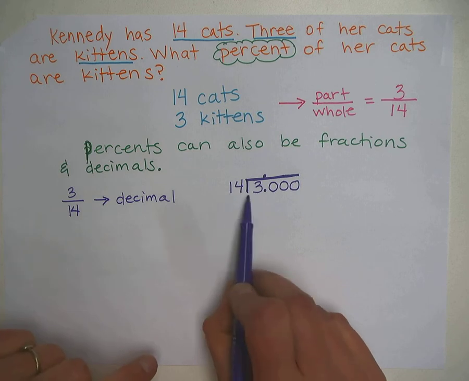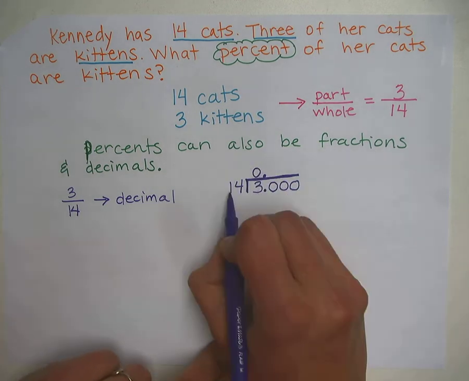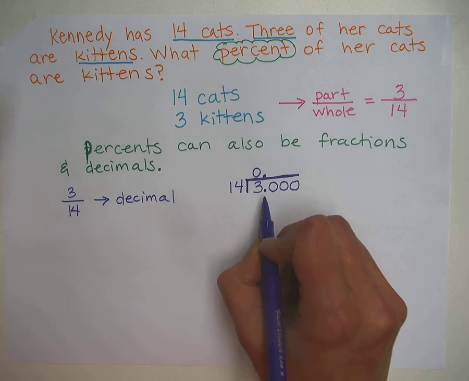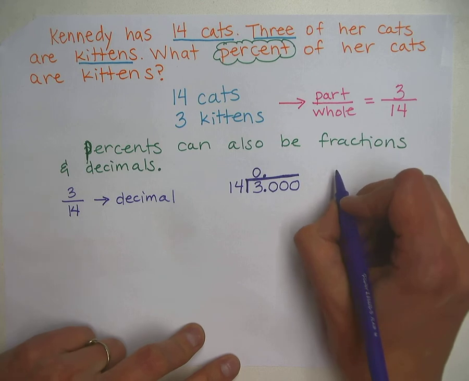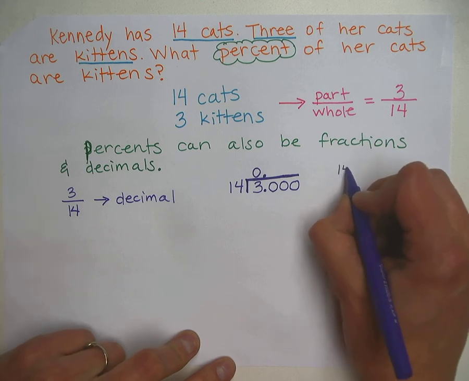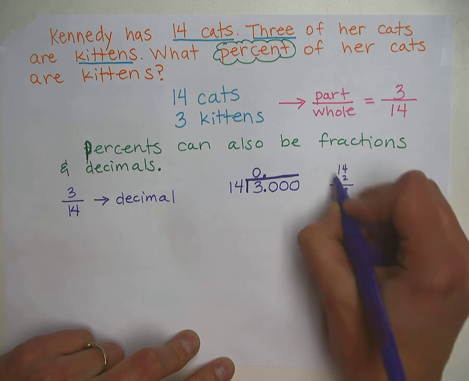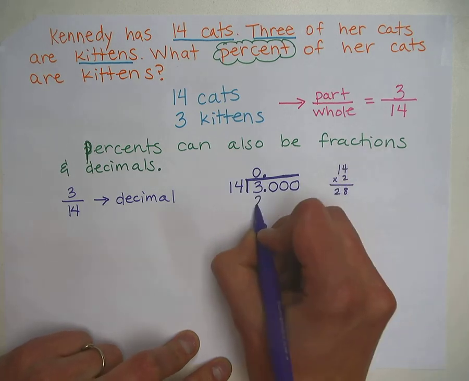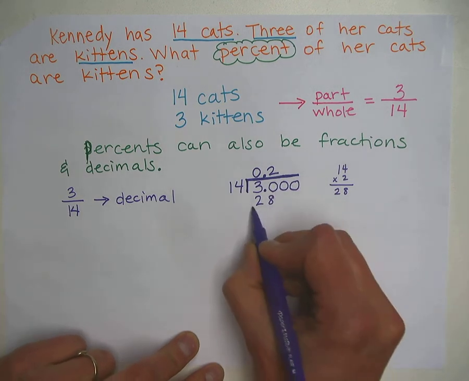So 14 fits into 3, no times. We already decided that. 14 fits into 30 twice. So 14 times 2 is 28. So 28, 2 goes up here. 14 times 2 is 28. I already did that.